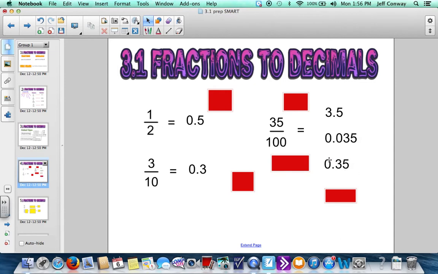So it has to end in that second column, tenths, hundredths, 35 over 100. So 3.5 is 3 wholes with a half. That doesn't work. This is 35 thousandths, ending in the thousandths category. Whereas this one here, 35 hundredths, 35 over 100. It's very important which column the number ends in.